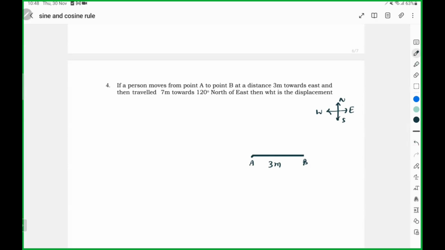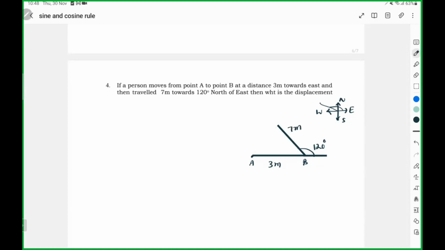Here north of east means from east towards north. In this direction he traveled 120 degrees towards northeast. Then what is the displacement?